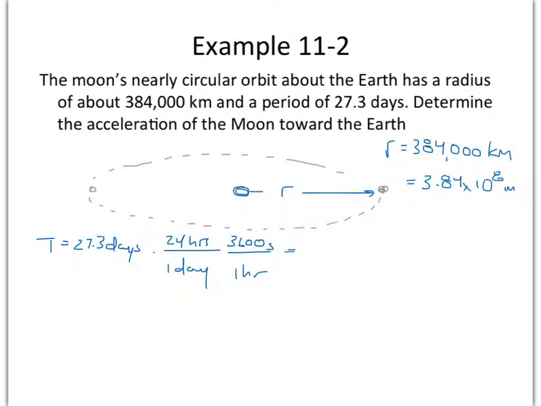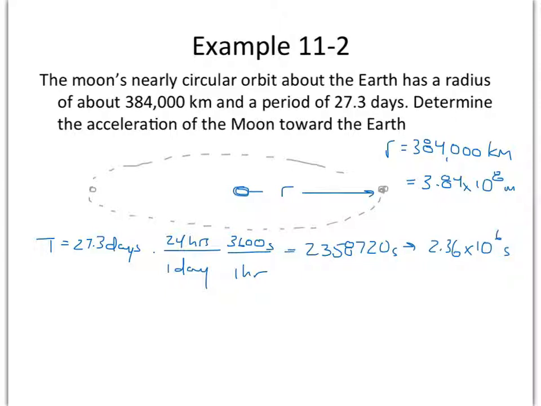Okay, and I get, it's a big number too. 2,358,720 seconds. And I'm going to put that in scientific notation as well. So that would be an s right there. So that would be 2.36 times 10 to the 6th seconds. All right, so 2.3 million seconds per month, roughly, or actually a little bit more than that.